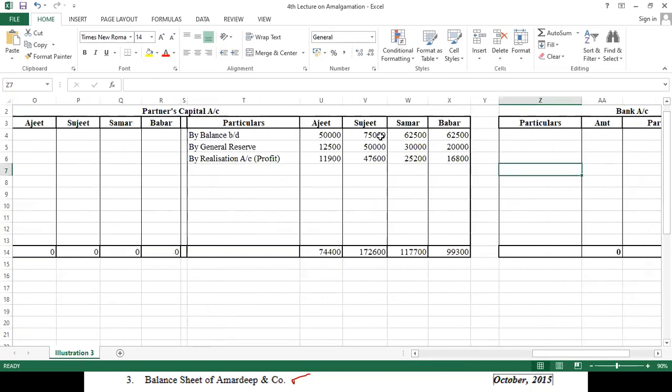Okay, so this much we have got on the credit side of partners capital account.